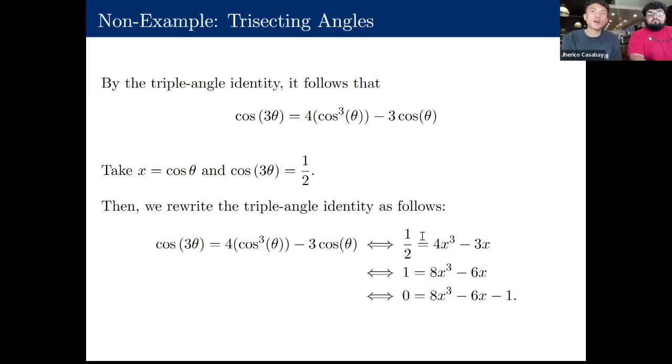Then we want to get a polynomial that's equal to 0, so we can use the rational root theorem to find any possible roots of this polynomial and see if we can get a reducible polynomial, because right now we have a cubic equation, and we need some sort of minimal polynomial.